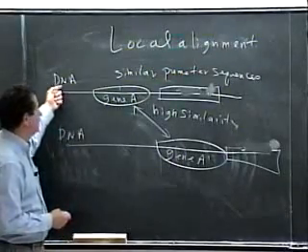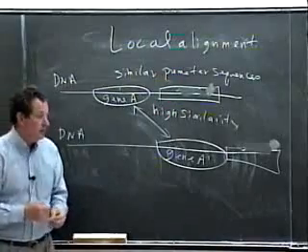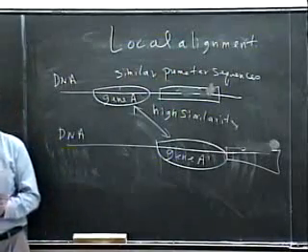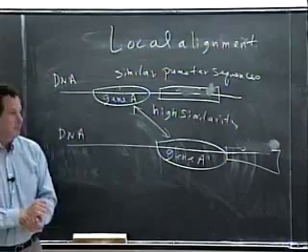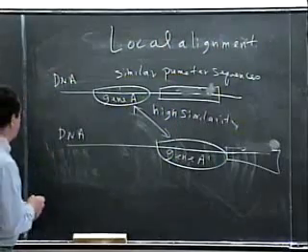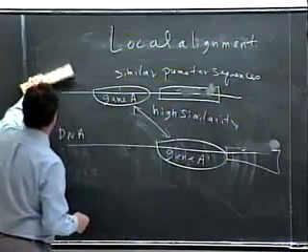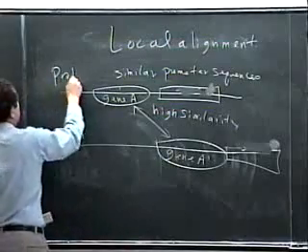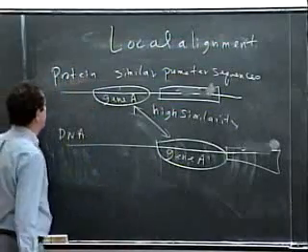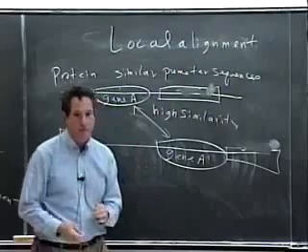You could probably write down 50 different ways in which local alignment arises in DNA. What about protein? Well, to some extent, phenomena in protein just reflect what's happening in DNA.